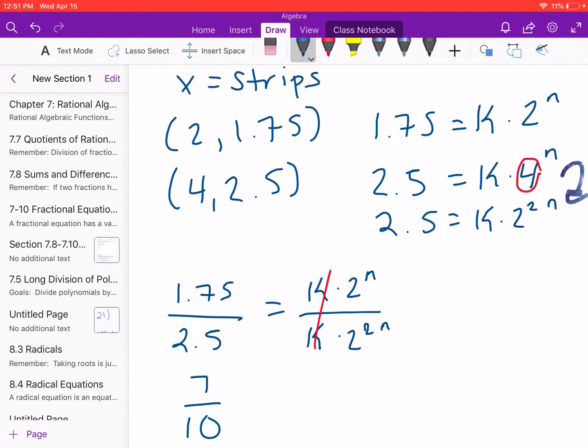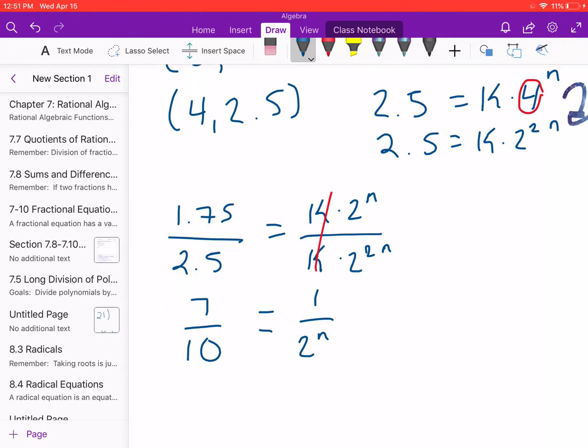All I've done is take those two equations and set them equal to each other because we're assuming they vary directly. So, next step, let's simplify. 1.75 divided by 2.5 is 0.7, and in fractional form, that's written as 7/10.